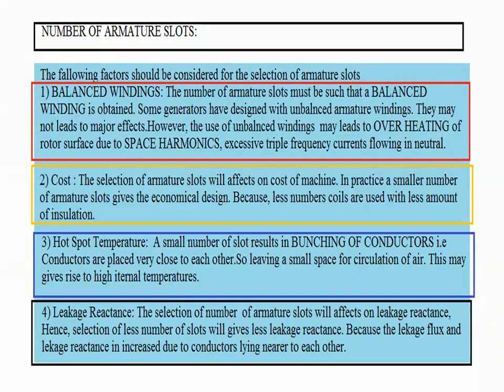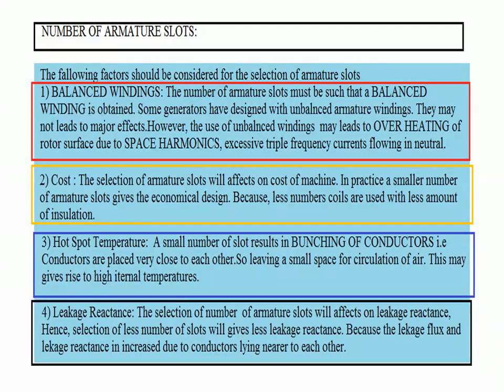This is possible if we use fewer slots. Slots are to be selected in such a manner that the effect of hotspot temperature is less. Hence, we have to go for higher values of number of armature slots.